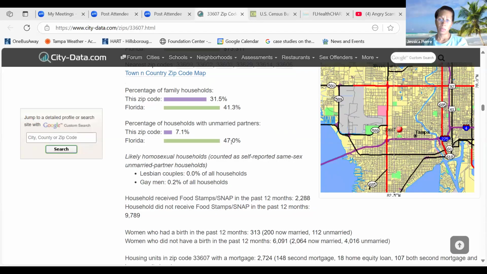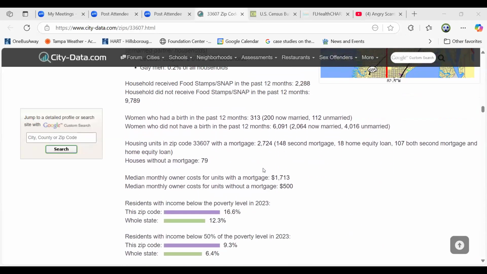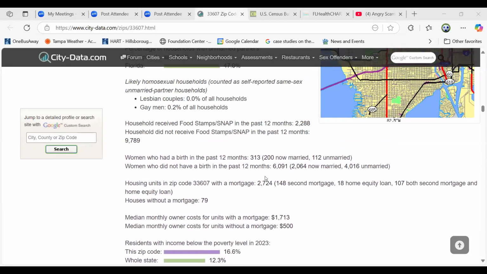Household with unmarried partners, that's not important, unless you got a client that you want to show that the divorce rate is really high, and the nonprofit was created to increase the number of people that are getting married. Then stuff like this will be relevant, because you want to show according to the subject matter of the nonprofit.